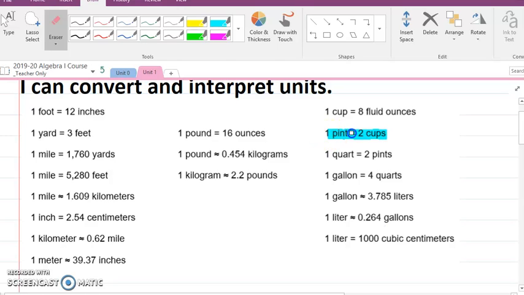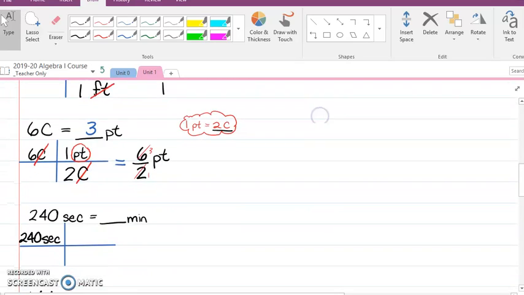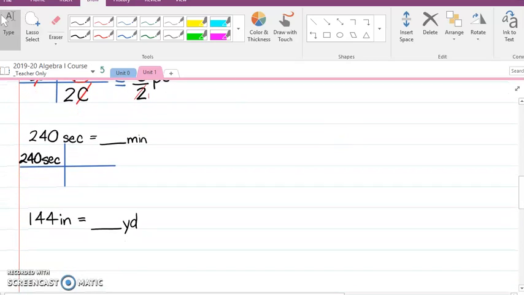So what do you do when that happens? Well, fortunately, we're talking about time, which we're all pretty familiar with. I bet every one of you knows that there are 60 seconds in 1 minute. So just because it's not on our list doesn't mean that we can't do this problem.